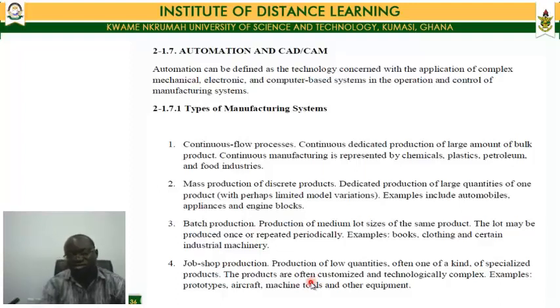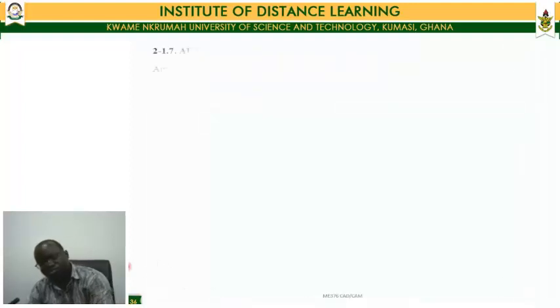Those ships are one of a kind, and they have special names, for instance the USS Abraham Lincoln in the US. They are very big landing platforms for aircraft to take off and land. These are created one of a kind, customized for a particular application, and they are technologically complex, and they are done through job shop production.